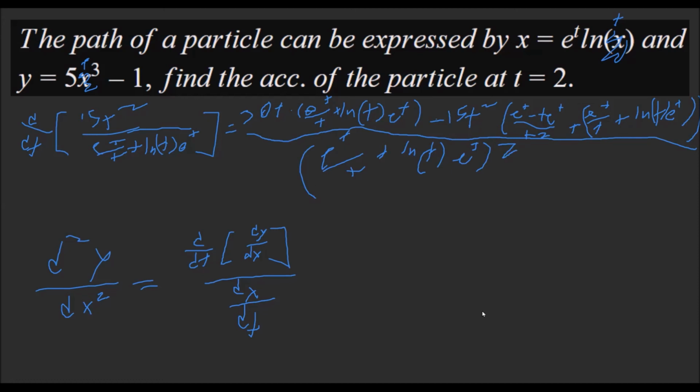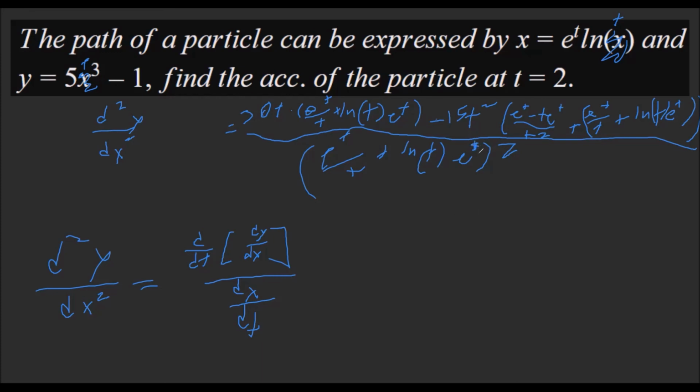And rather than just write this whole thing again, I'm just going to erase this and say that this is equal to our second derivative, even though so far it is not, because we have to multiply this by the inverse of our dx/dt. So that our dx/dt is this function right here, e to the power of t over t plus natural log t times e to the power of t.